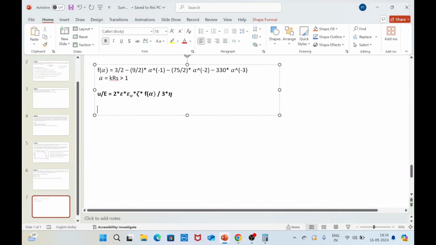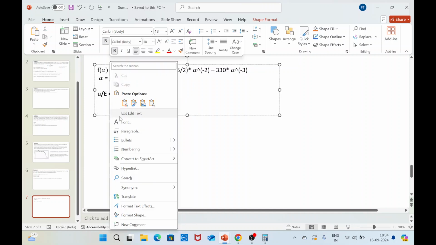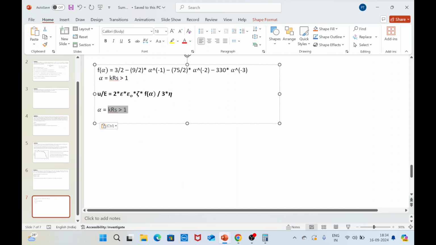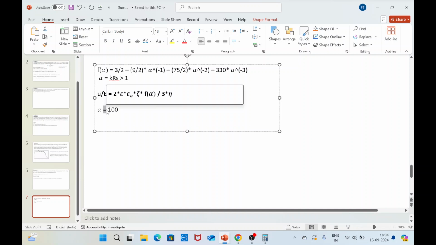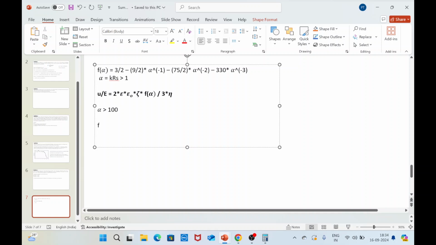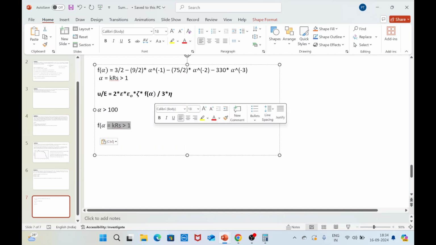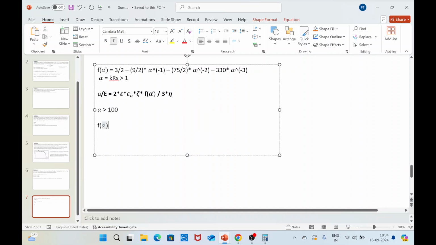For alpha as 100, let's take the example of 100, or any alpha greater than 100, your f of alpha is going to be equal to 3 by 2.